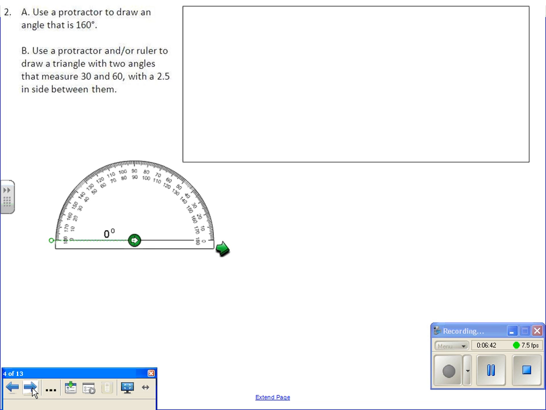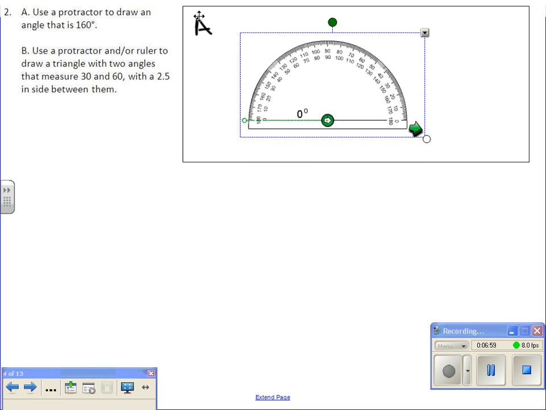Okay, so next up, number 2, use a protractor to draw an angle that is 160 degrees. That's going to be part A. So I'm going to do part A up here. Make sure I move my protractor. Okay, so here's my protractor. Okay, so remember, we're first going to just draw a line down here.